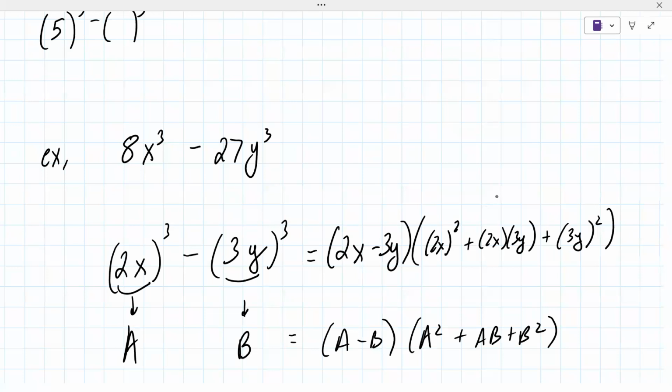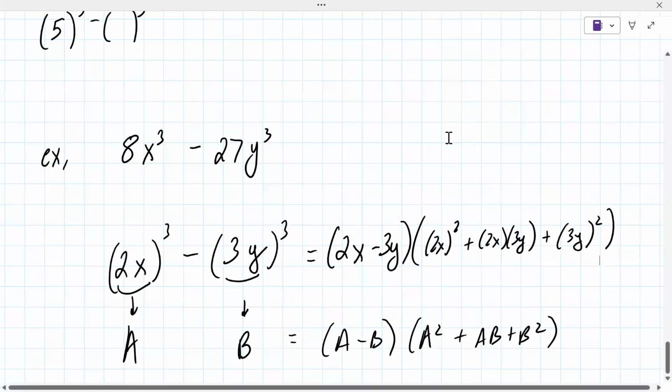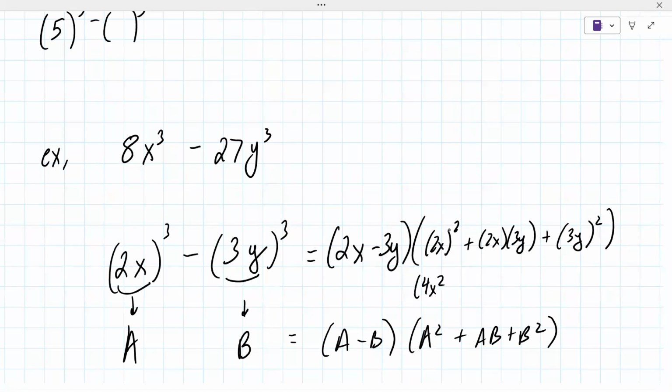Is that okay? Yeah. So there's a bit more now to do to simplify it. You have to square this thing, so it becomes 4x squared. You multiply, that's 6xy, and then 9y squared.